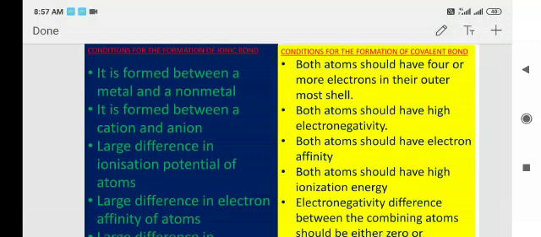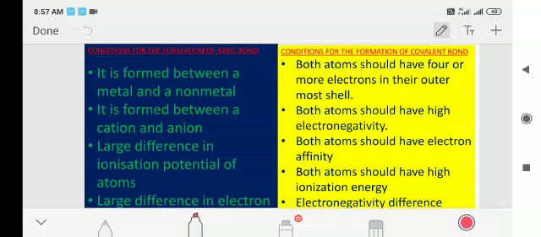Whereas in the case of a covalent bond, the first point is both atoms should have 4 or more electrons. In simple language, both should be nonmetals. Second point is their electronegativity should be very high, and in the same way electron affinity and ionization energy should be high.